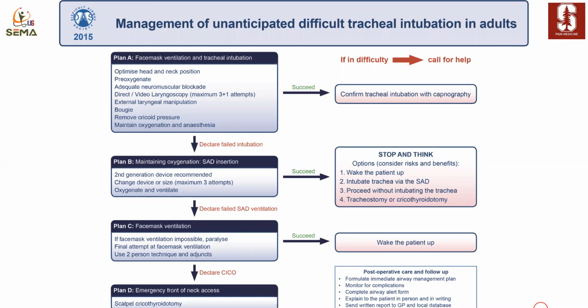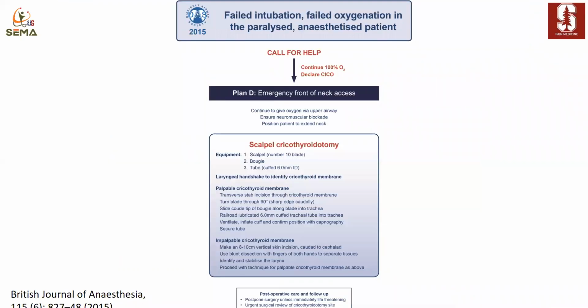Then if you don't have the percutaneous kit, all you need is a scalpel, and this is the scalpel cricothyroidotomy. Basically, blade size 10, tube size 6, and a bougie.